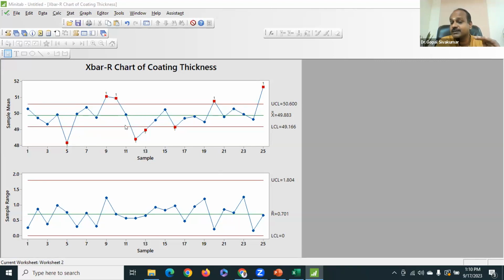If you want to understand whether the consistency is good or bad, then you must look at the X bar chart. Am I right? Yes, sir. You want to understand the consistency inside each sample, look at the R chart. You want to understand the goodness or badness, you must look at the X bar chart. All of you are with me?